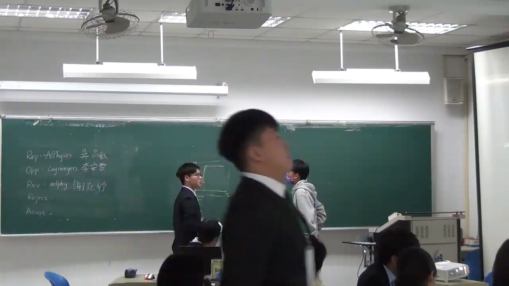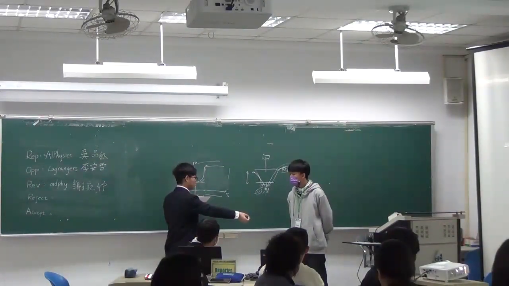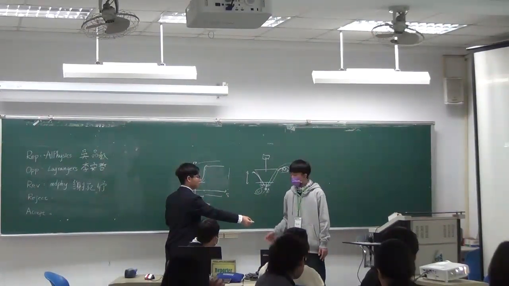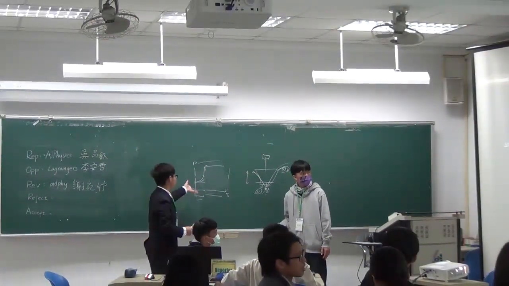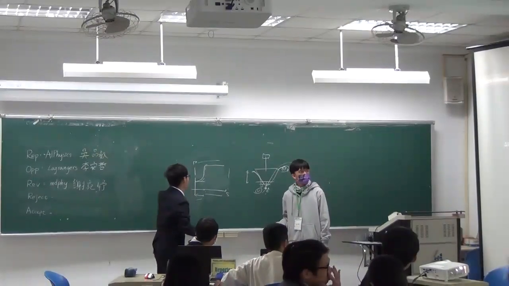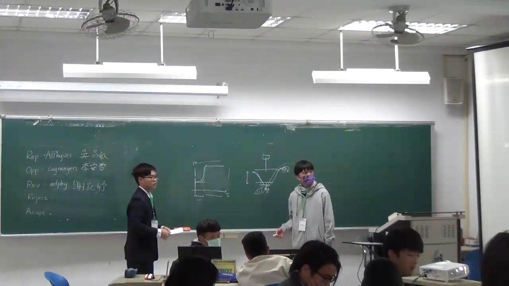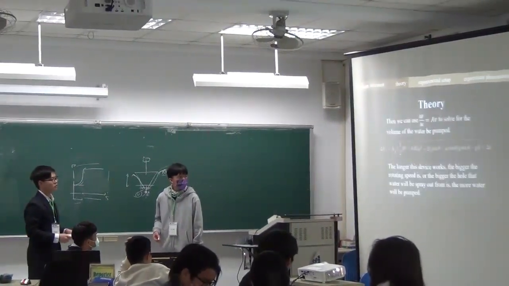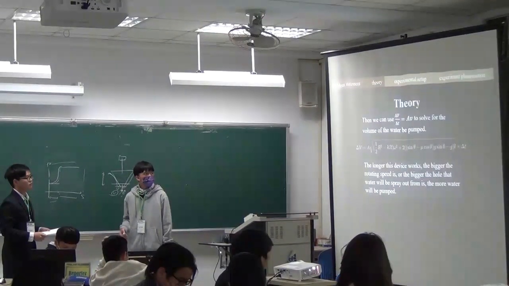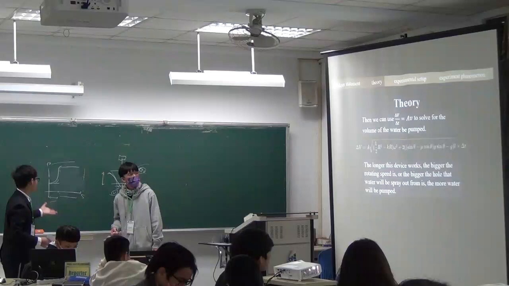Okay, so can you tell me what your theory looks like in this graph? Can you draw out your theory and tell me what it looks like if we want to put it on a graph of pumping speed? Can you draw out how your theory works?